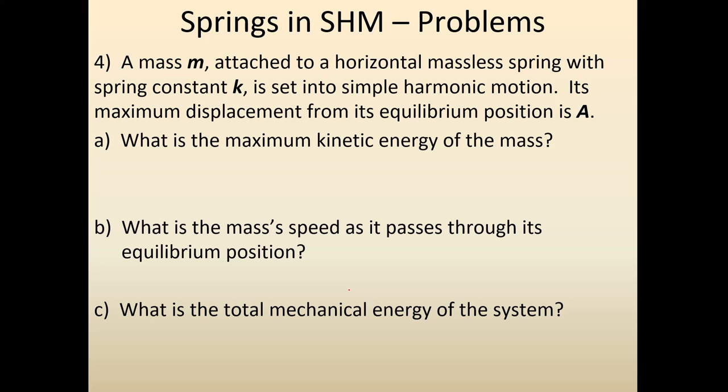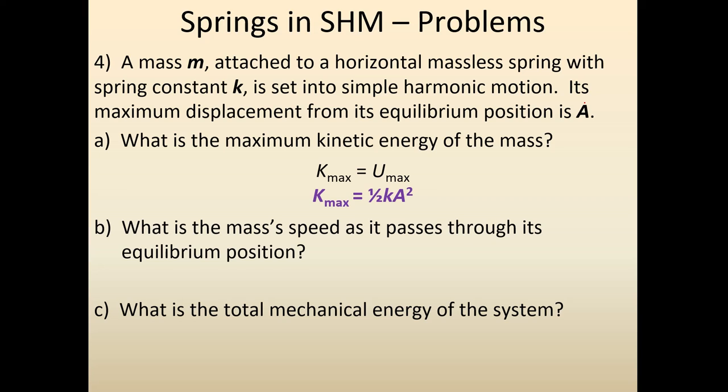I know that the kinetic energy is coming from potential, spring potential in particular. So the maximum kinetic energy is going to be equal to the maximum potential energy. So I use 1/2 kx squared, though I'm going to plug in A for x because A is the maximum compression, the maximum elongation. So I end up having the maximum kinetic energy as being 1/2 kA squared.